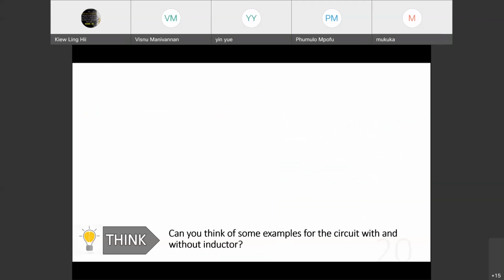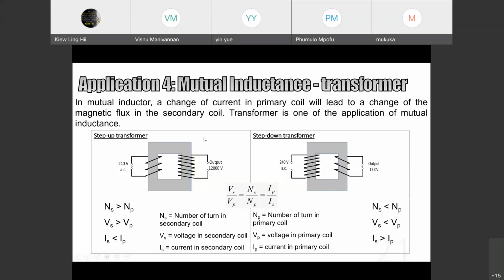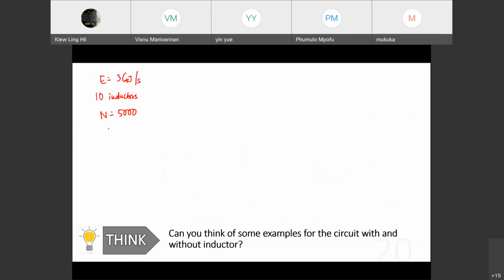The energy is 3 gigajoules per second, and there are 10 inductors. The number of turns is assumed to be 5,000, the diameter is 3.5 millimeters, and the length is 7 millimeters.